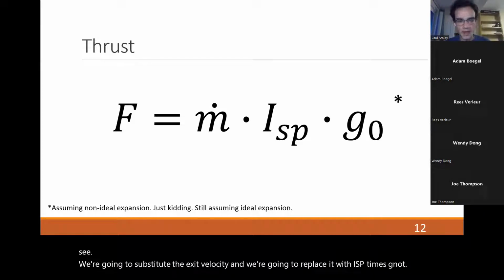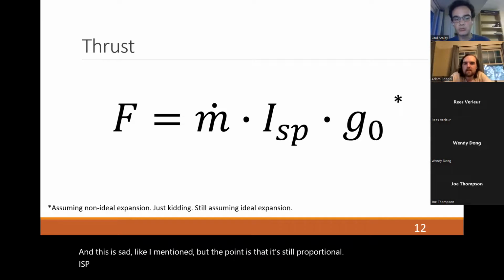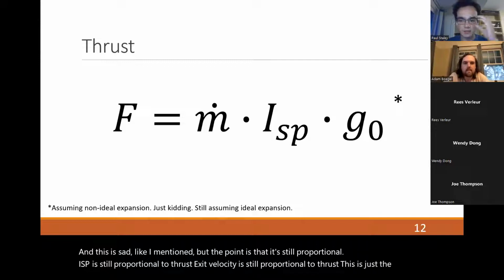And this is sad, like I mentioned, but the point is that it's still proportional. ISP is still proportional to thrust. Exit velocity is still proportional to thrust. This is just the way rocket stuff is.